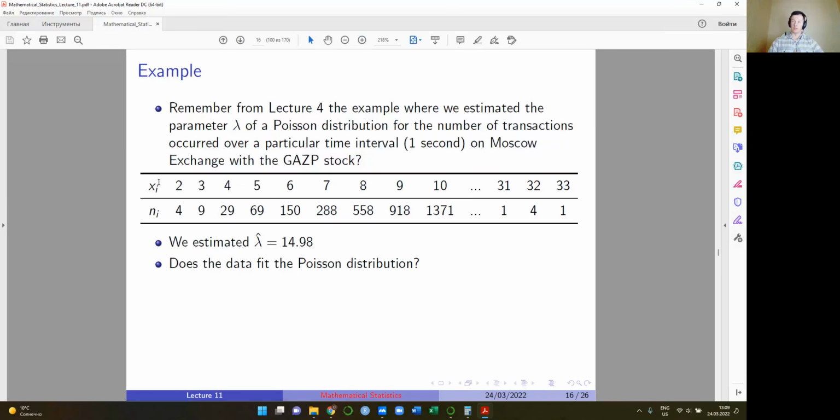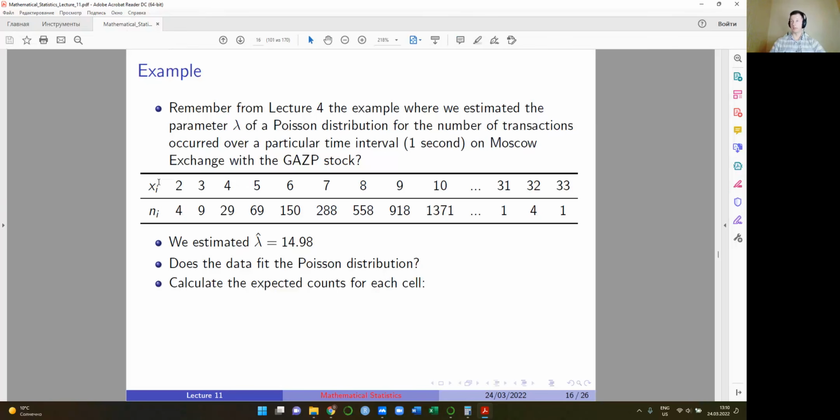But the question, does this data fit the Poisson distribution, is still open, because we assumed that this data comes from the Poisson distribution, but we never tested whether this Poisson distribution is appropriate to model our data. So here is a time when we can do this.